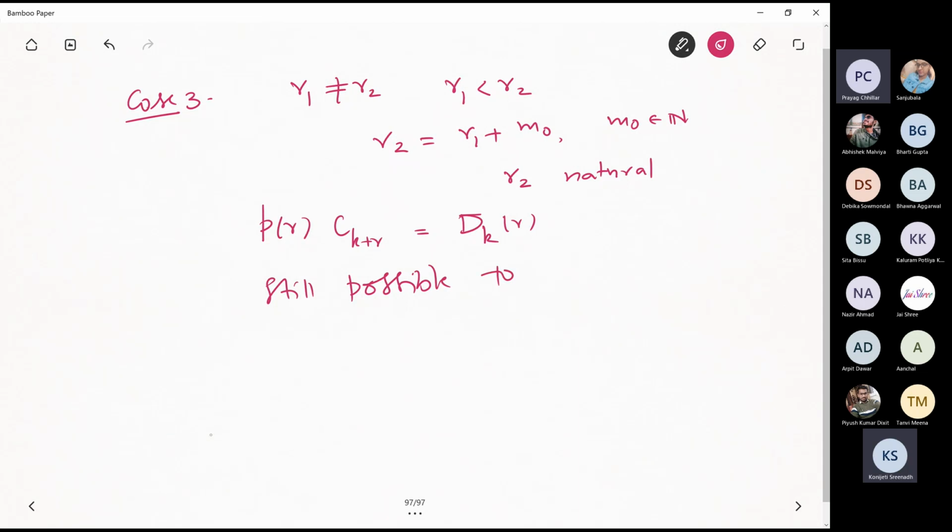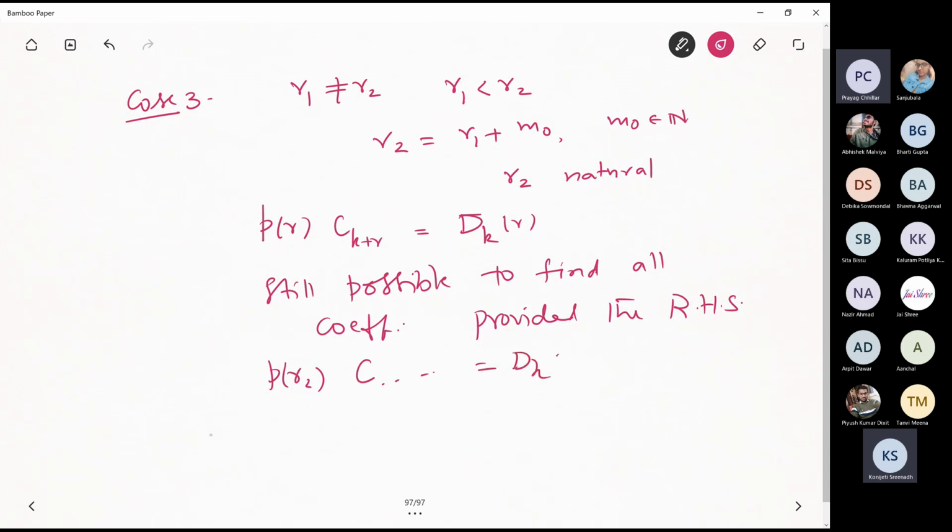It is still possible to find all coefficients, provided the right hand side is also 0 when I take this as R2, when you write P of R2, TK of maybe. If this right hand side is also 0, then you can still find all solutions.